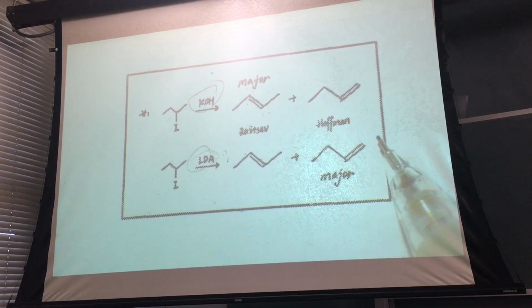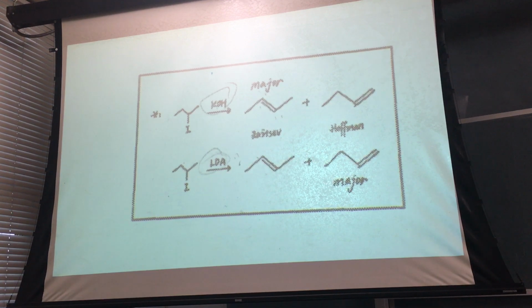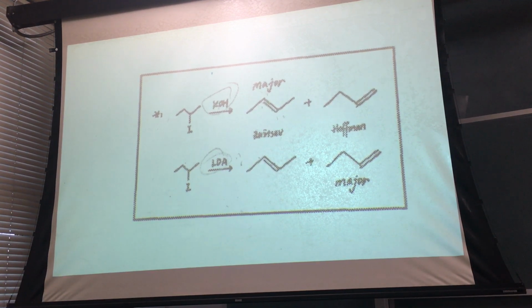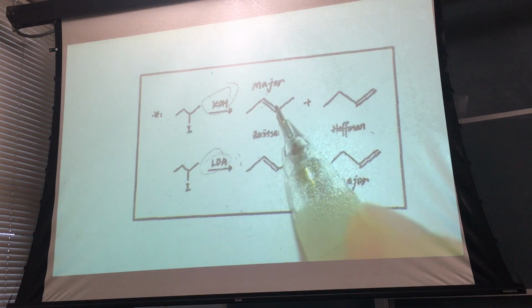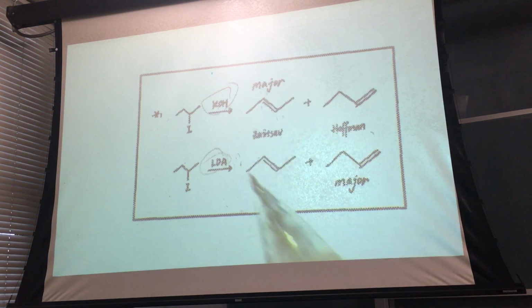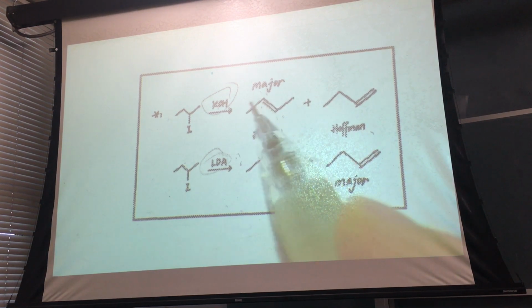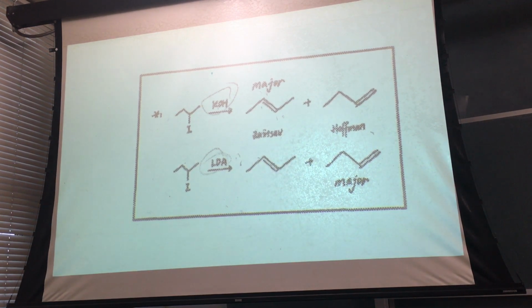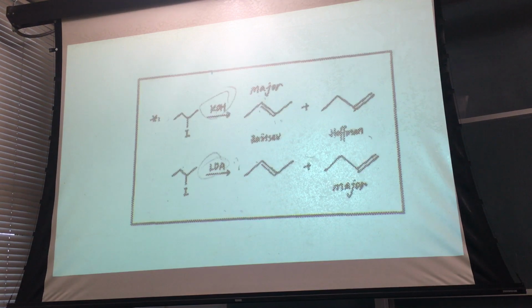It's called the Hofmann product. It's also in your chapter 7, so go ahead and read that section if you're interested in it. So a bulky base will have the major product as Hofmann, and a small base is going to have the major product as Zaitsev, and that one is usually more substituted. So if both hydrogens are good enough to eliminate, then you think about this. It's a pretty good question. I hope you won't see this in your midterm. Me too. Okay.